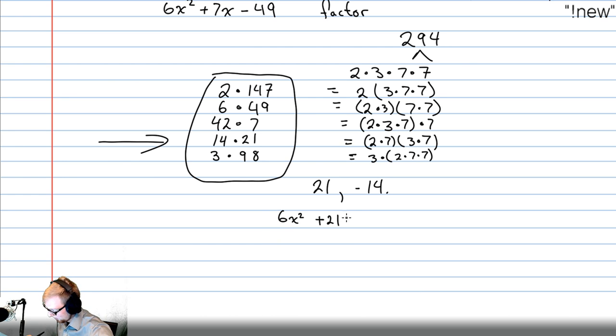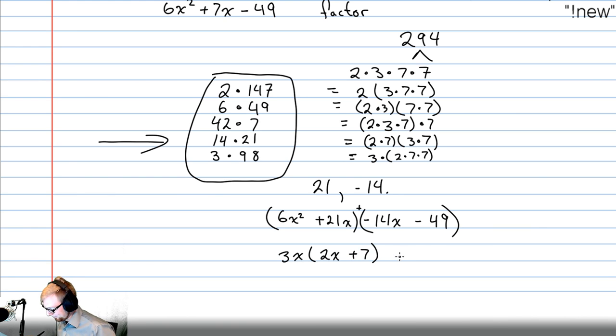I must be spacing out a bit. 21x minus 14x minus 49. So when you factor, it would be 3 outside of the 3x. And then you have x left plus 7. Well, you're taking a 3 out of the 6, so it would be 2x. Yeah, there you go. So 2x plus 7. Good.